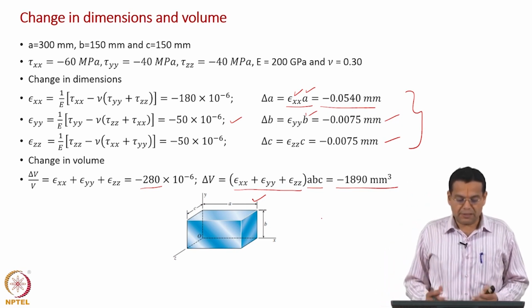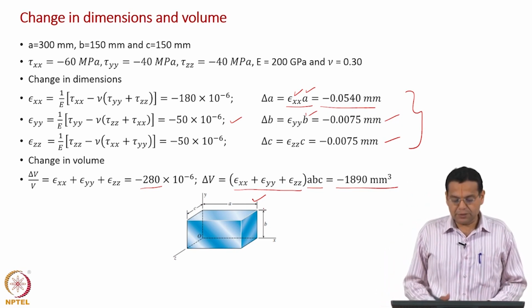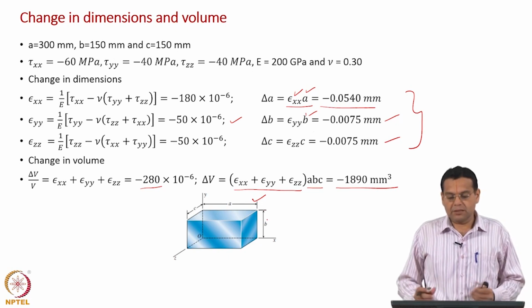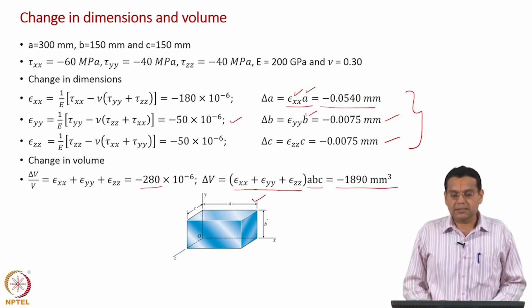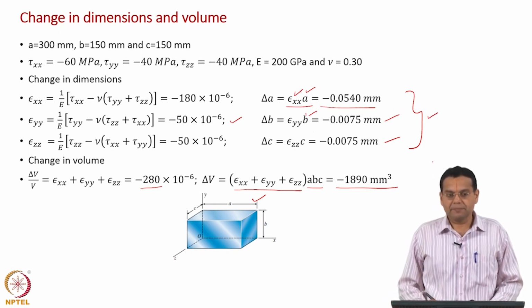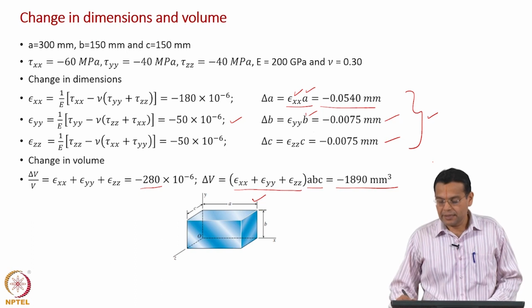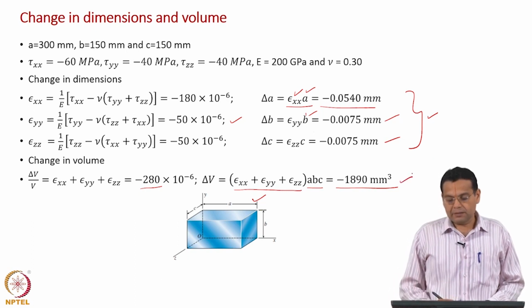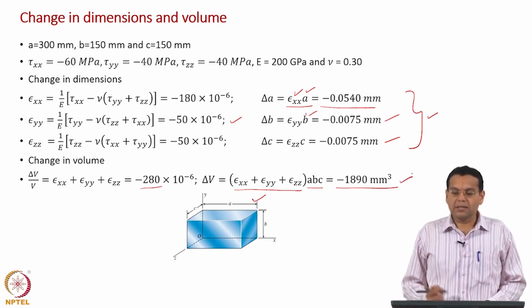So, what does it mean? If you subject this cuboid to these normal stresses, they are compressive. These are the decrease in dimensions along the XYZ direction, and this is the decrease in volume. Okay.